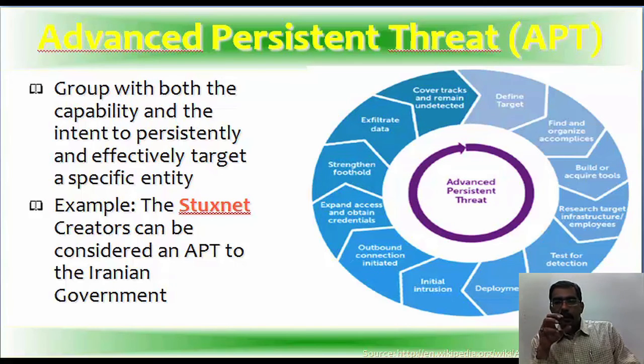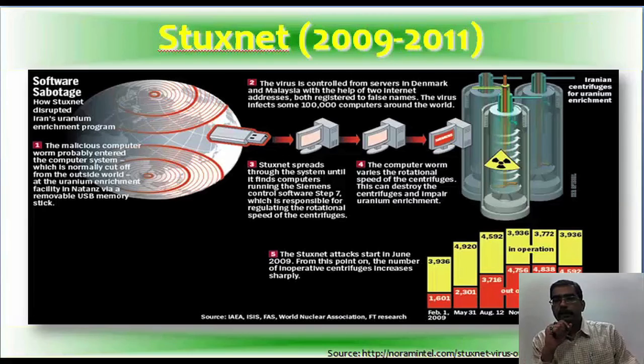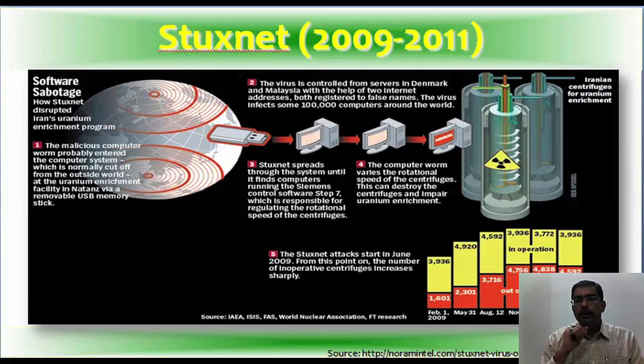Then expand access and obtain credentials, strengthen the foothold, exfiltrate data. Infiltrate is going in, exfiltrate is taking out. Then cover tracks and remain undetected. So advanced persistent threat covers this cycle.